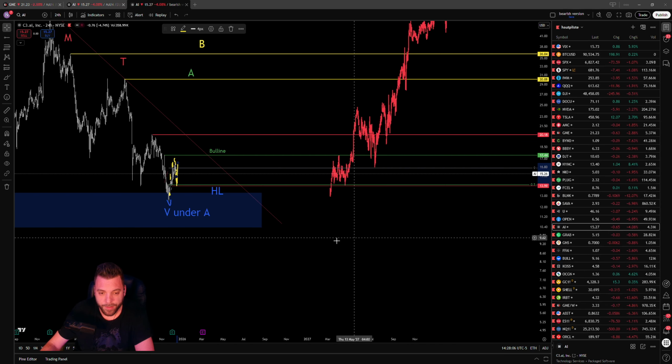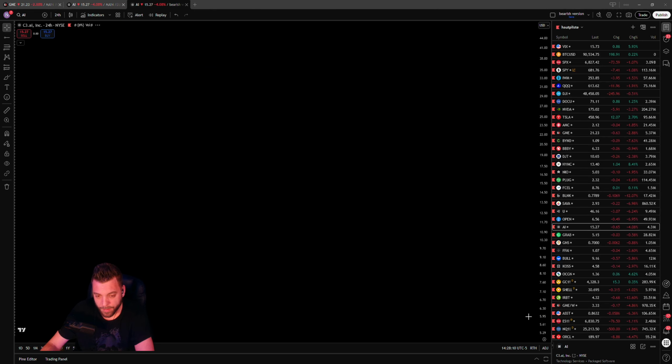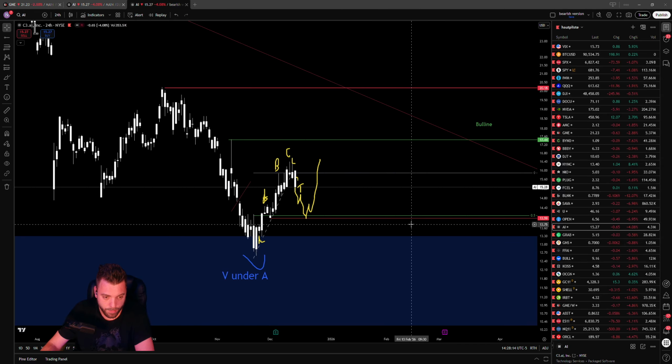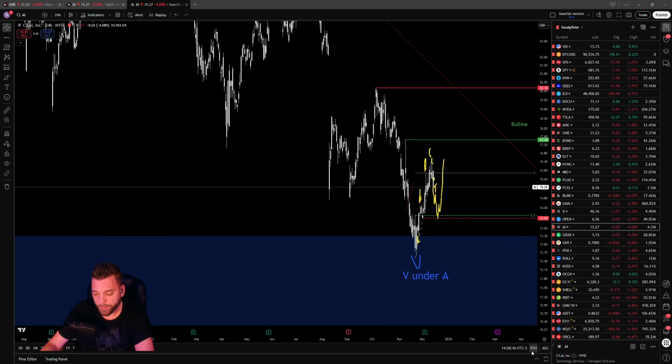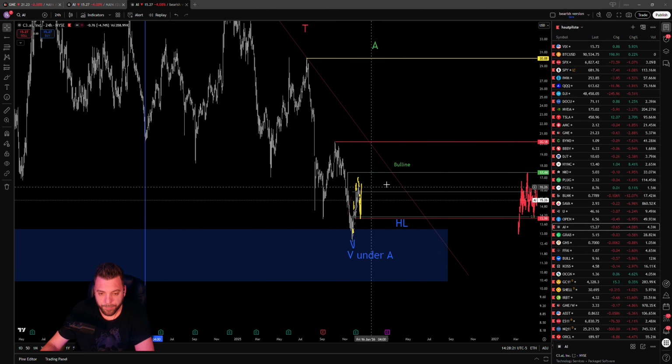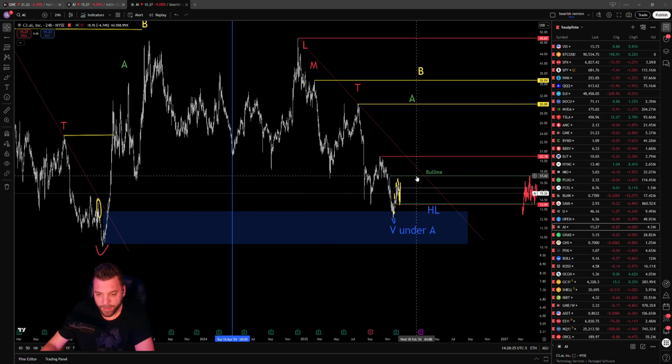So let's see. But we still need the higher low to be finished. And I think we have a gap here. Do we? No, we don't have. Bull is the one with the gap. Anyway, in any case, everything over 70.42 is bullish.